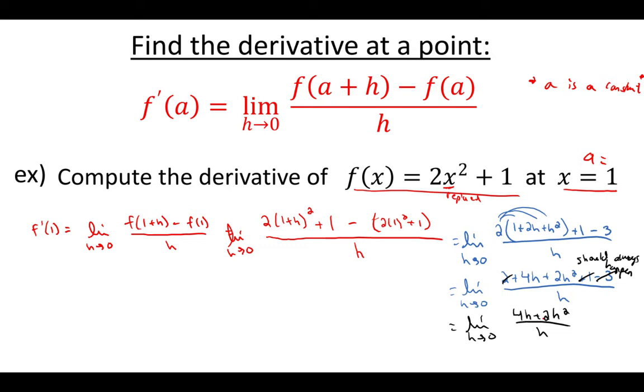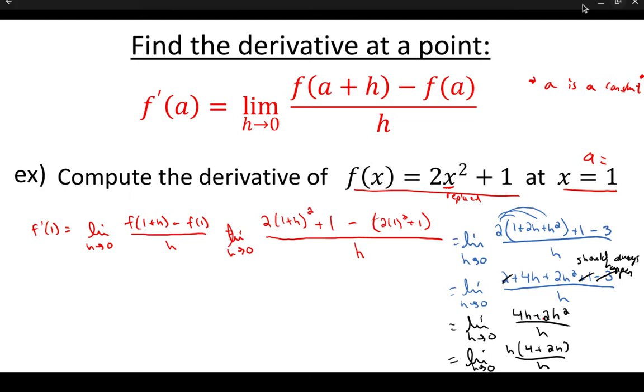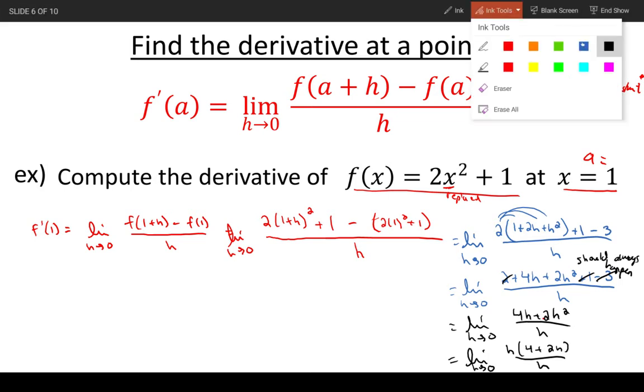And hopefully you're seeing now that the top has only terms with h in them, which is what we want. We want to get all the constants out, because if we have an h in all of these terms, then we can factor out an h. So then our next step, limit as h goes to 0, we're going to pull out an h, so this becomes h times, and you can pull out a 2 if you want to as well, but it doesn't matter, h times (4 plus 2h) over h, and then we get that cancellation that we're looking for.